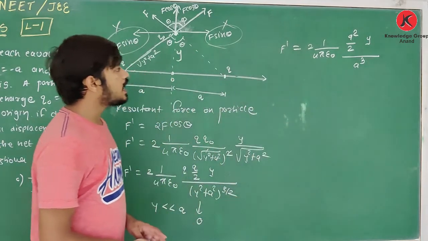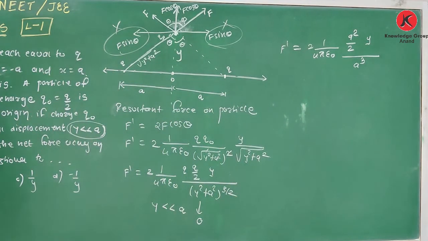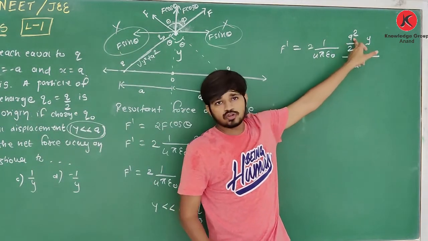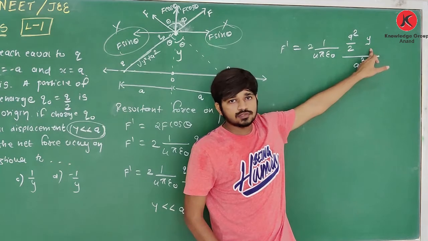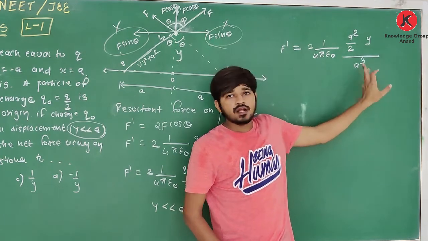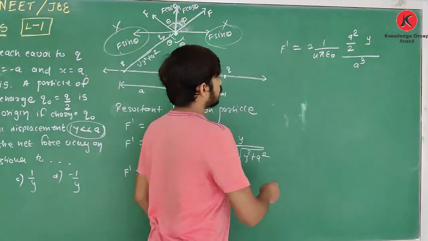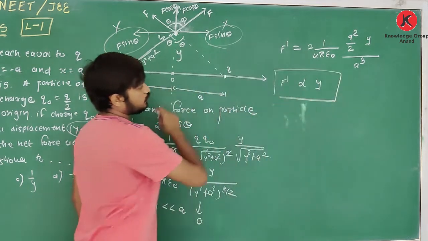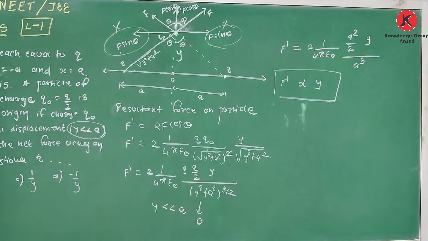Now we have to find what the force is proportional to. 1 upon 4 pi epsilon 0 is constant, Q is constant, y is the displacement, and a, the distance between the two charges, is constant. So here we can write F dash is proportional to y. Simple.